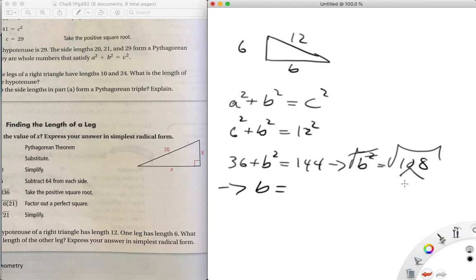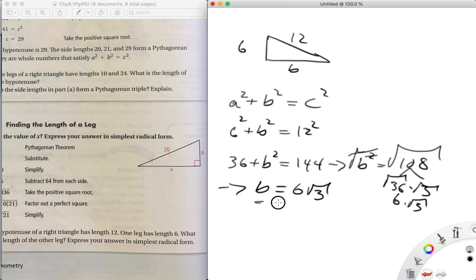It's 36. Alright, so I'm going to factor out 36 and 3. Is that right? Yeah, 36 and 3. And I'm going to square root both of these guys. The square root of 36 is 6, and the square root of 3 is just the square root of 3. So b is 6 times the square root of 3.